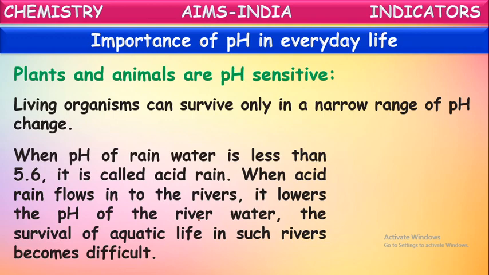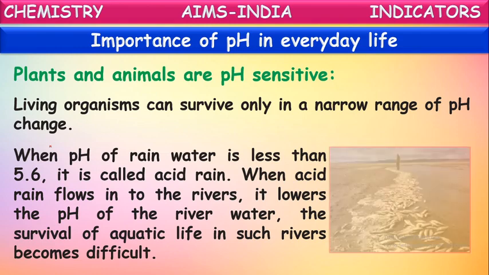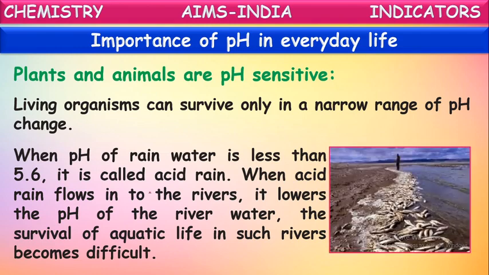Actually, if it is neutral, there is no problem. But when rainwater dissolves gases like carbon dioxide and other acidic gases, it also becomes acidic. That's why this is called acid rain. So when these aquatic animals consume this water, they may face some problems. Sometimes the aquatic animals may even die because of the more acidic nature.